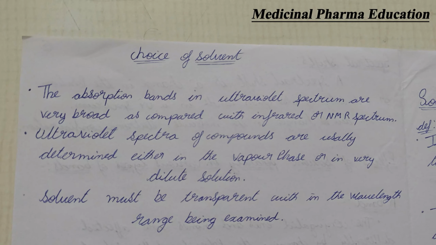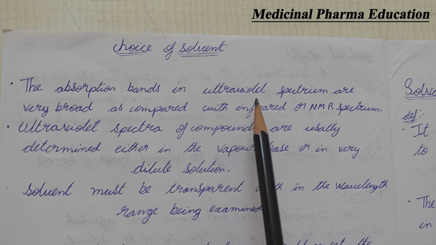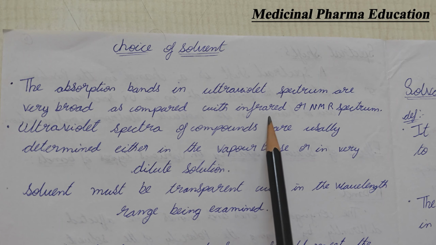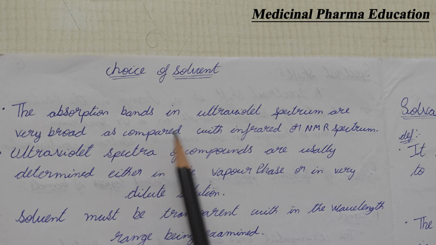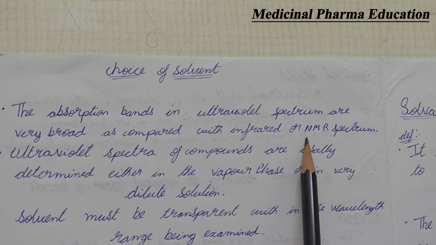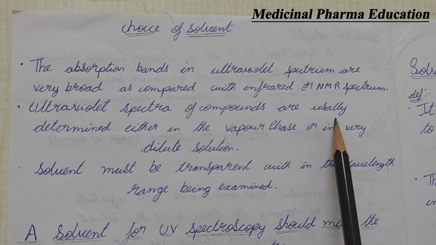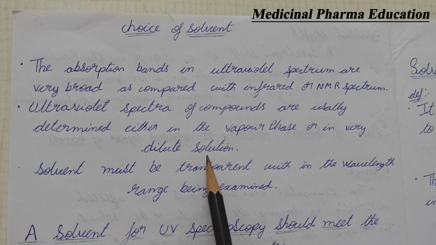Next, the important topic is choice of solvent. The absorption bands in the ultraviolet spectrum are very broad as compared to infrared or NMR spectrum. Next, the ultraviolet spectrum of compounds is usually determined either in the vapor phase or in very dilute solutions.